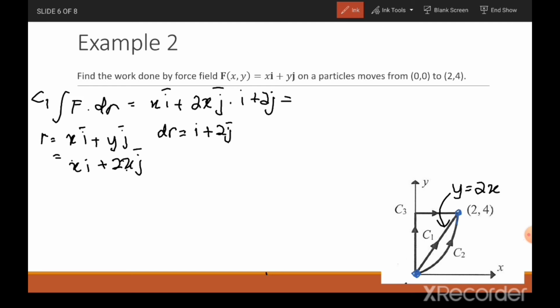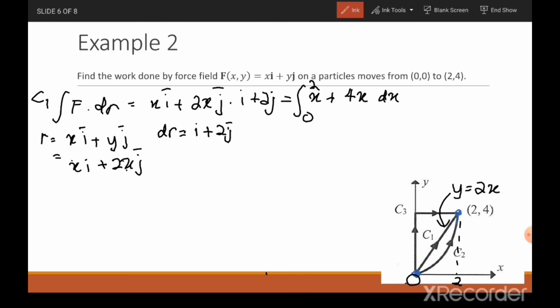Then x times 1, we get x, plus 2x times 2, you get 4x. Then we integrate with respect to dx. The interval for x is starting from 0 until 2.